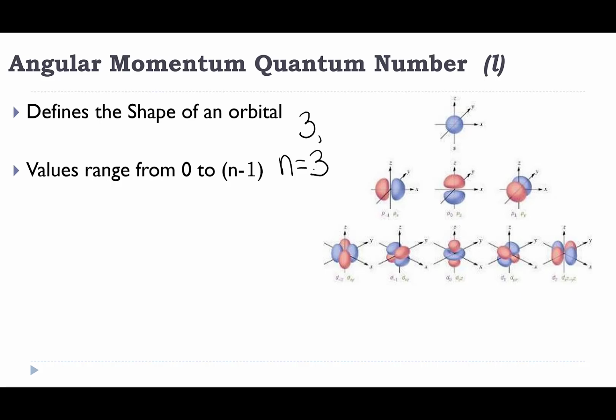This can be a range from 0 up to n-1. So for this example, the options are 0 or 1 or 2. Okay, so n-1, 3 minus 1 is 2. So if an electron was in that third energy level, he would have his choice of living in a 0, a 1, or a 2 shape orbital.